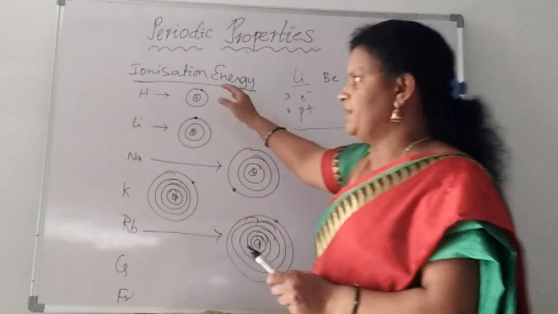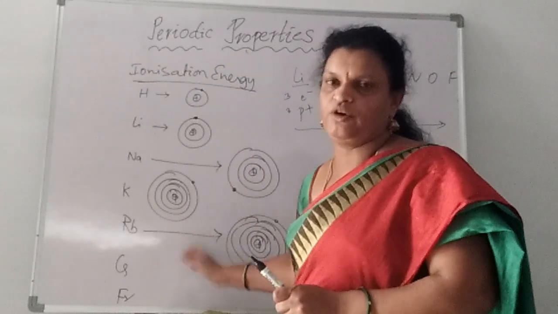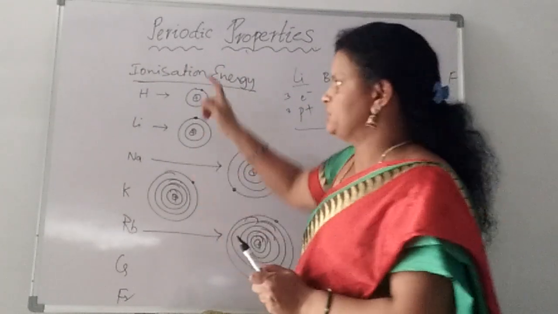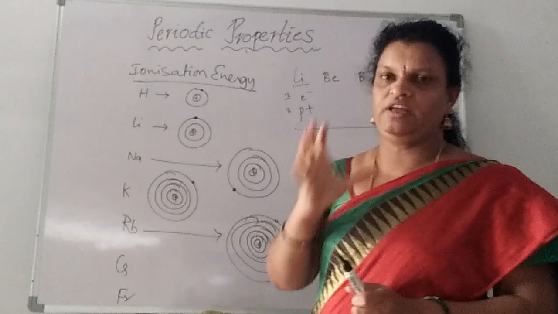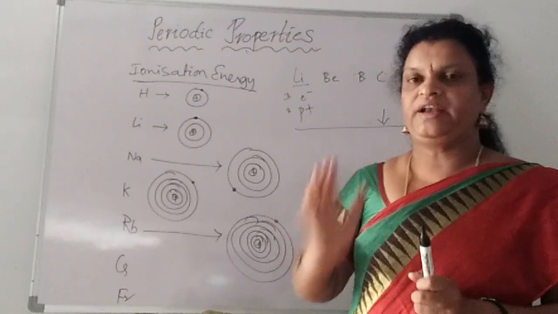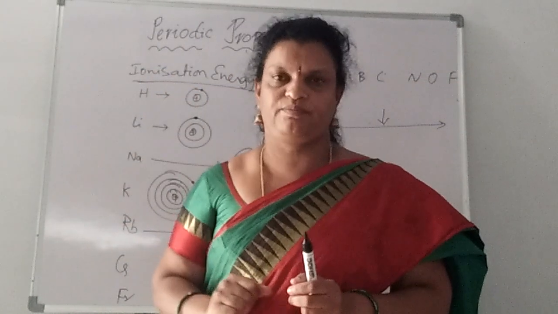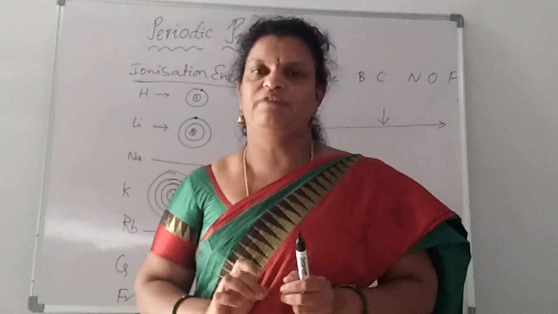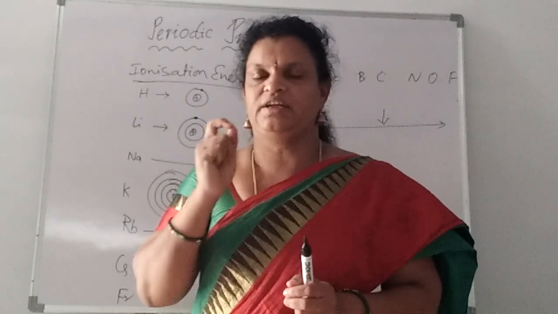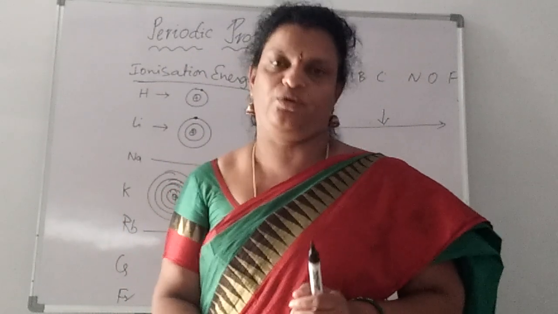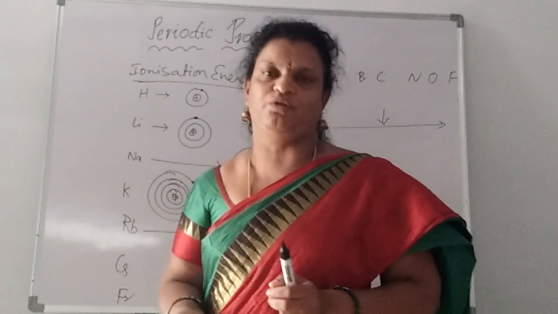So here, ionization energy in a group from top to bottom, what happens? If any element has more size, it can lose the electron very easily. The tendency of losing the electron is more for any element when the size is more.